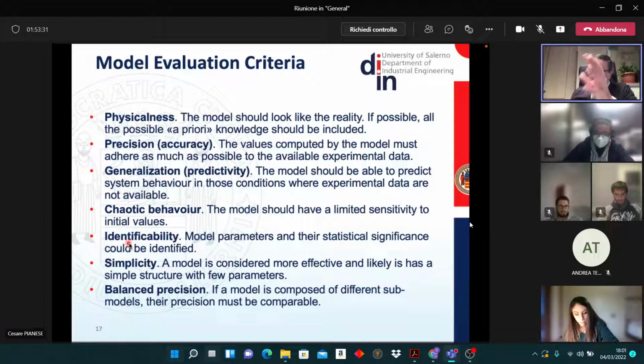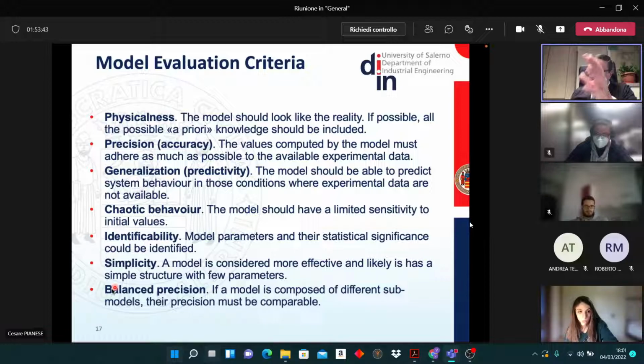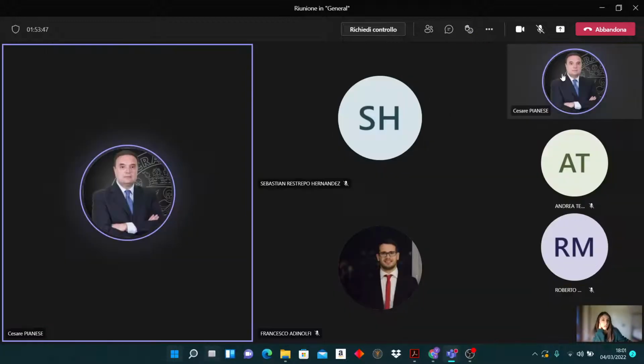They should be identified. Identifiability is one of the performance criteria, simplicity, and the so-called balanced precision. And then I will show you some detail afterward.